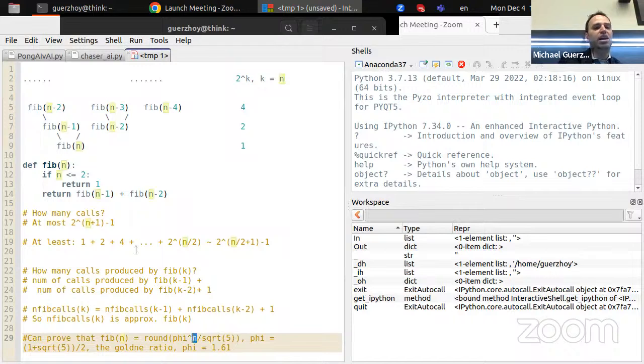And then if we look back at this, so this is O of 2 to the n, like we saw before, because 2 to the n plus 1 is 2 times 2 to the n. And then what is this? Well, 2 to the n over 2, that's square root of 2 to the n.